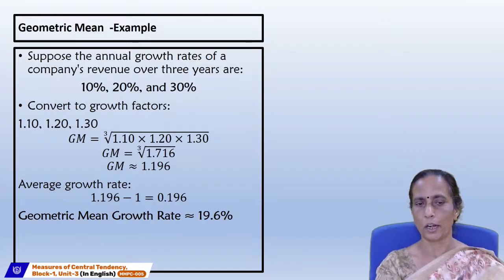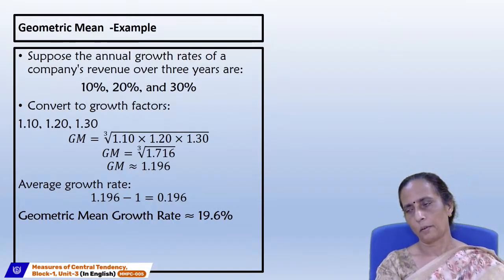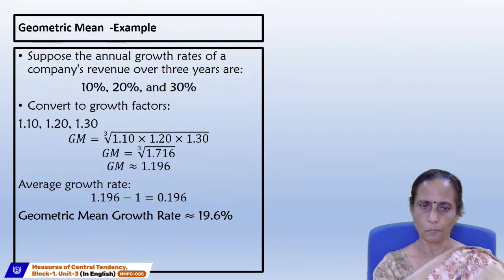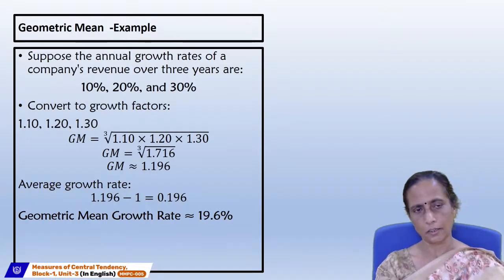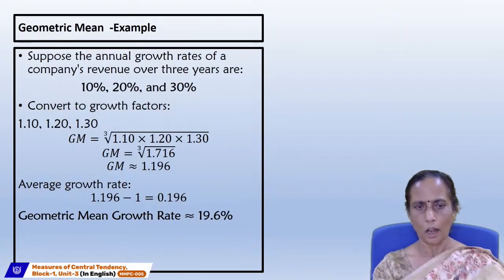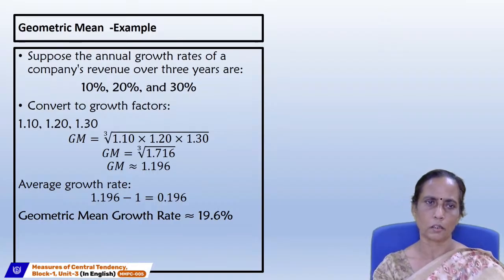So average growth rate is 1.196 minus 1, that is 0.196, and geometric mean growth rate is 19.6%. This is how we can calculate our geometric mean.